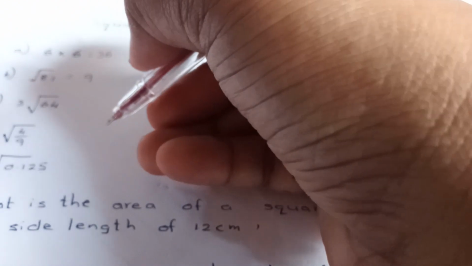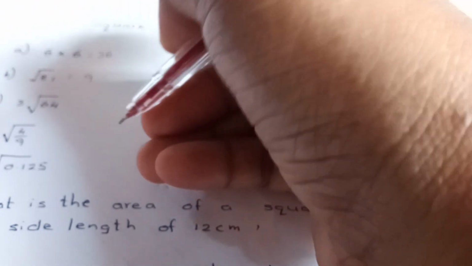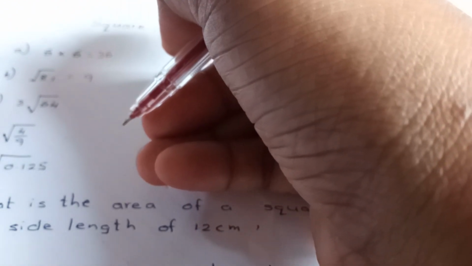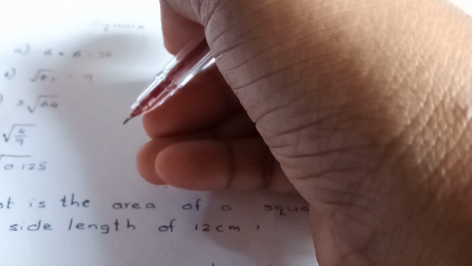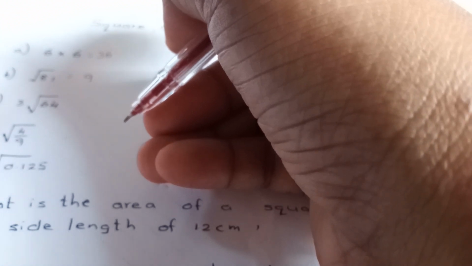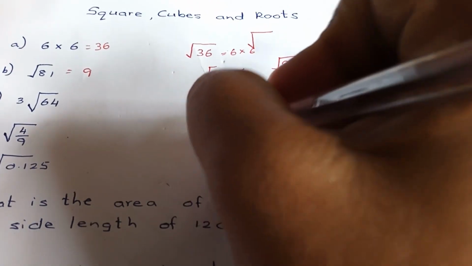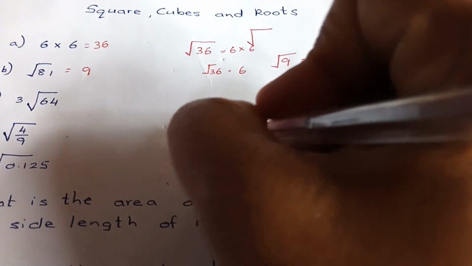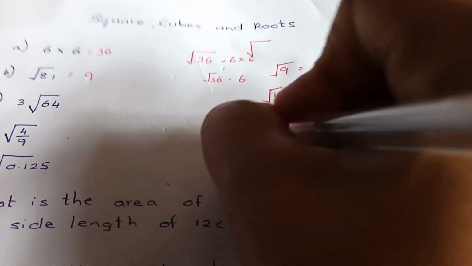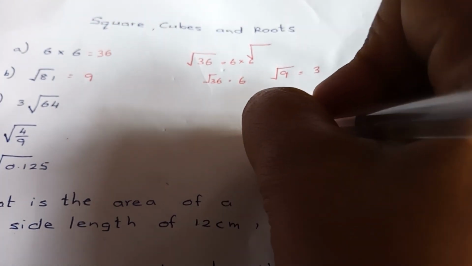Okay, next we are going to revise cube numbers. How can we get the cube numbers? A cube number is a number to its third power. That means 1 times 1 times 1 is 1. 2 times 2 times 2 is 8.